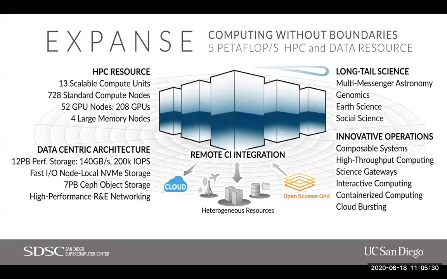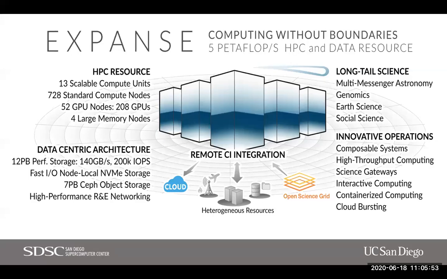And this basically builds off the success we've had with Comet with an architecture like this. In terms of the data, we have a 12 petabyte storage file system, which is going to be based on Lustre. The aim is to have a bandwidth of 140 gigabytes per second and 200K IOPS.